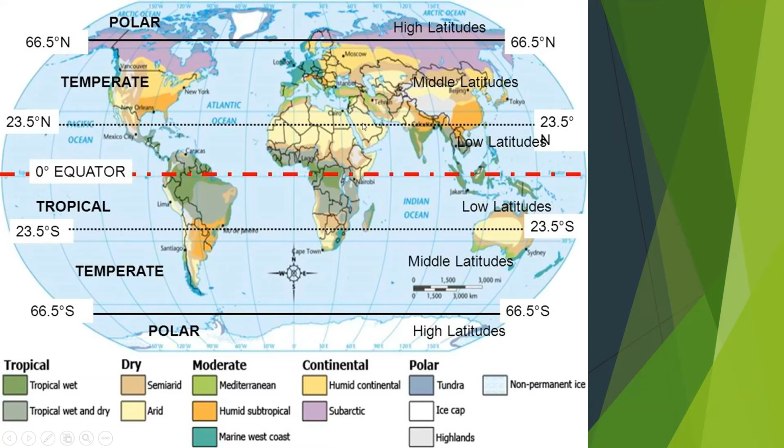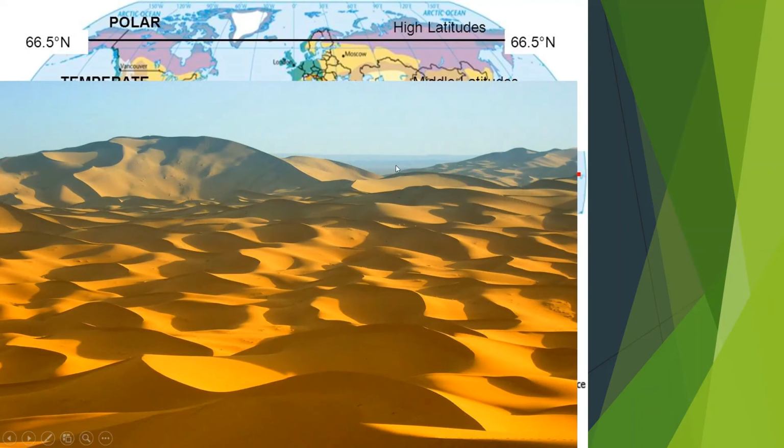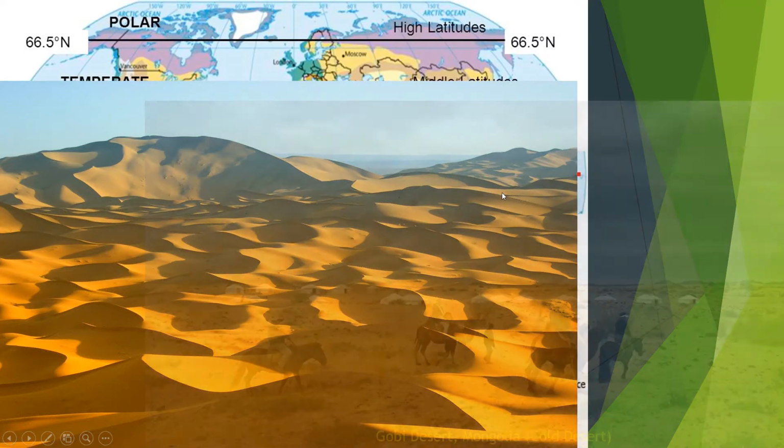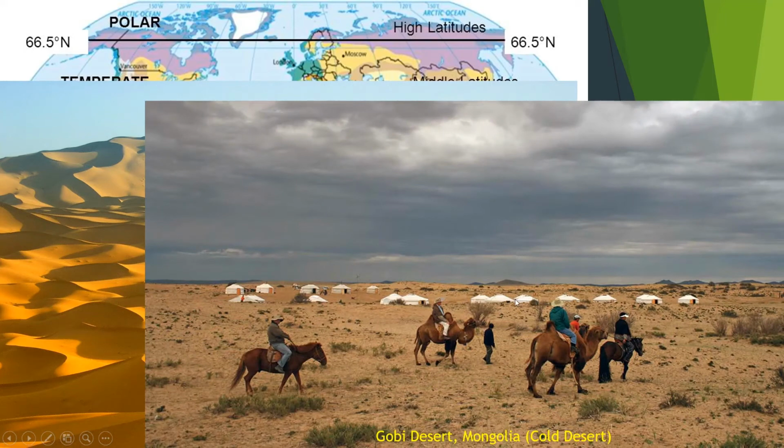And mainly, the largest deserts can also be found in the low to middle latitudes. So this is the Sahara Desert, a good example of a hot desert, also featuring dunes. And we have here the Gobi Desert, a good example of a cold desert, in Mongolia.